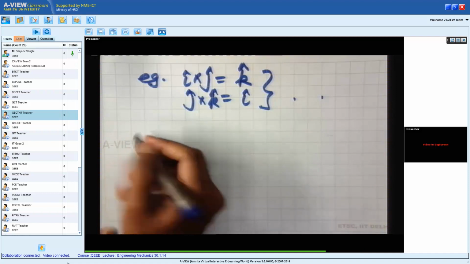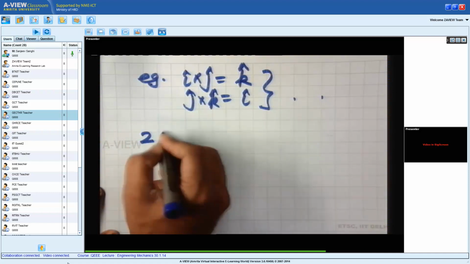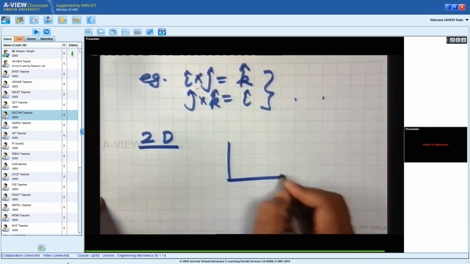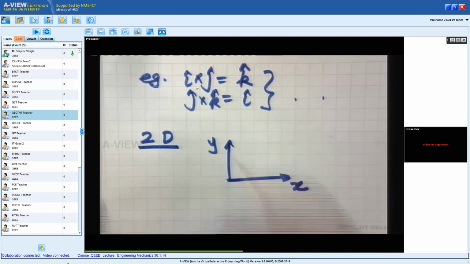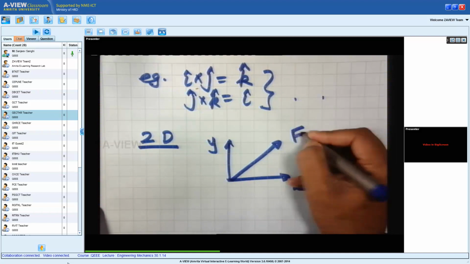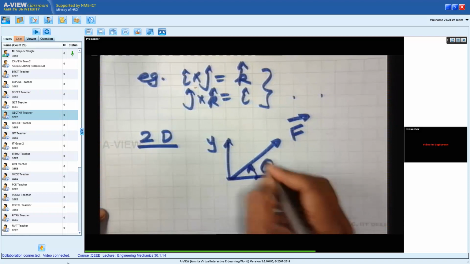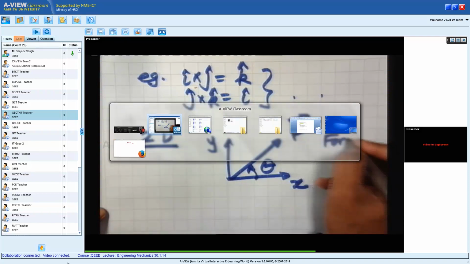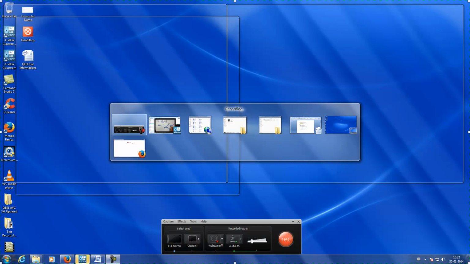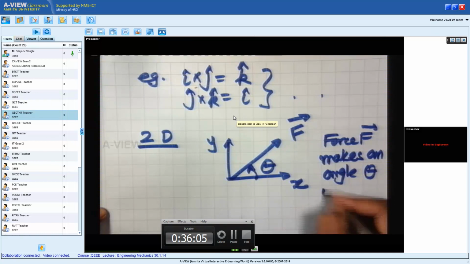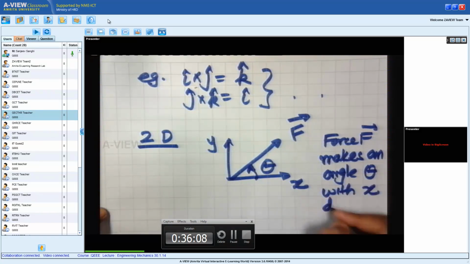Now, let me look at some special things. First let's look at the 2D formulation. That means we are talking of only two directions, x and y. We are in a two-dimensional plane. And let us say there is a force F, which makes an angle theta with the x direction.